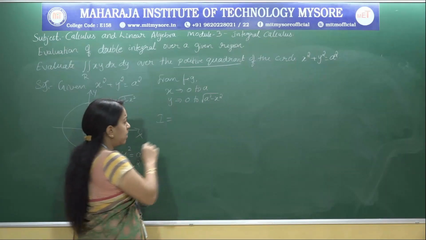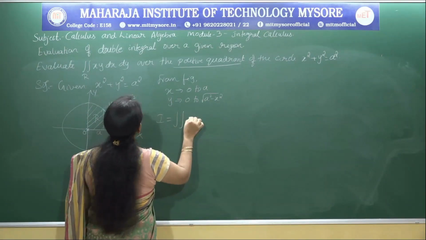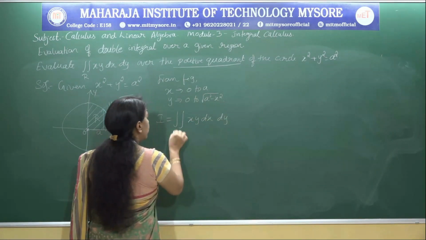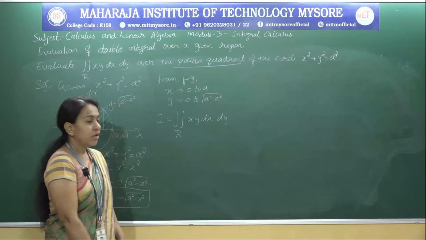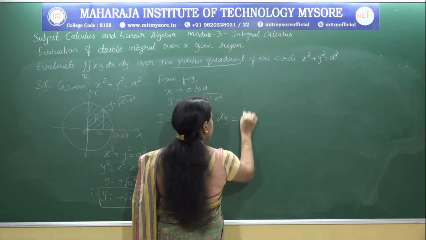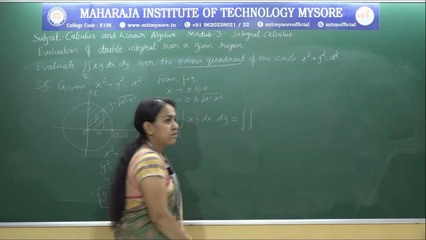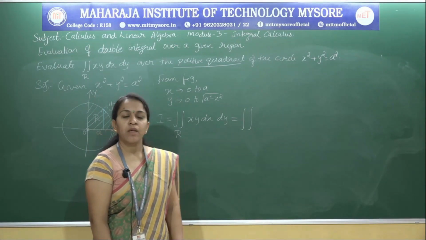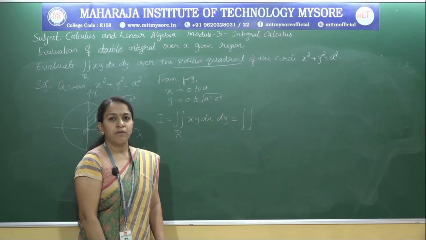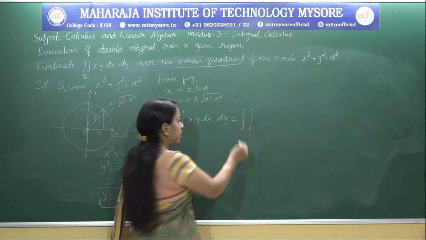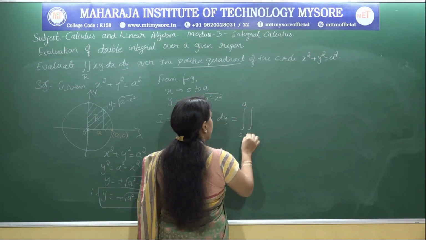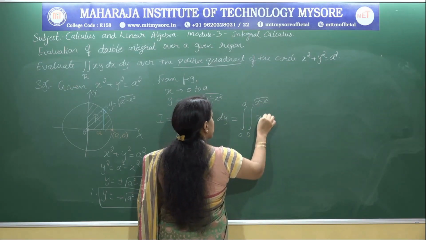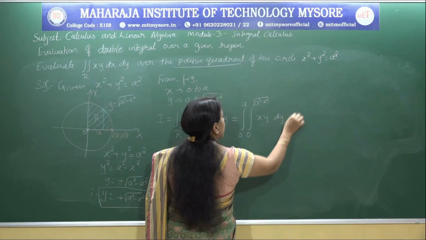I equal to double integral of xy dx dy over the region R. As we know, the constant limit must be the outer limit, and the variable limit should be the inner limit. So it is integral 0 to a, integral 0 to root of a square minus x square, of xy dy dx.